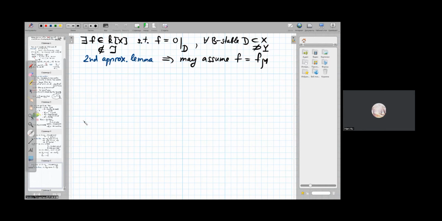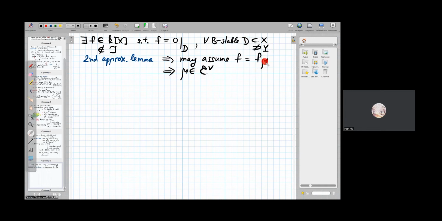But this means that mu belongs to the dual of the cone C, because the pairing of the weight mu with the vectors v_D bar corresponding to these divisors is strictly positive.